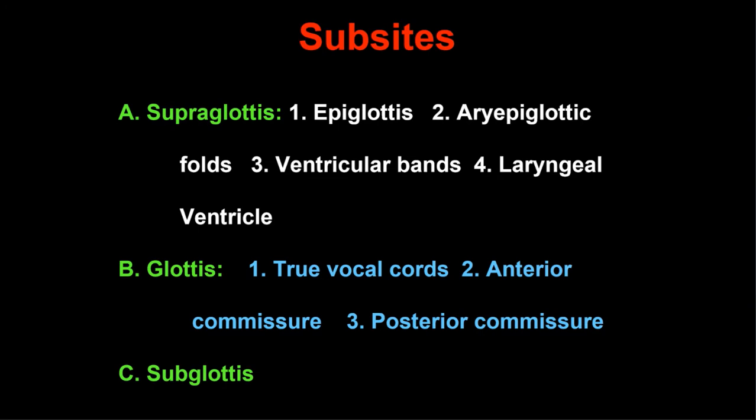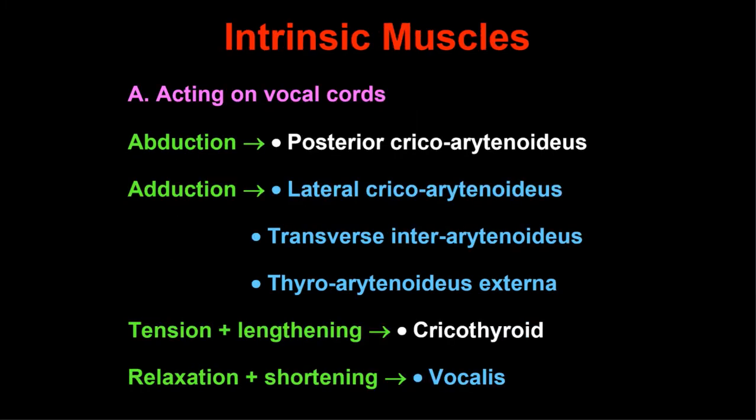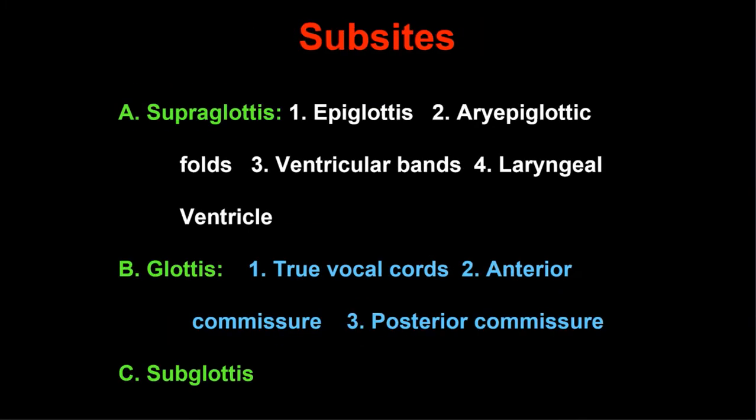These are the subsites. The structures which come under the supraglottis are the epiglottis, aryepiglottic folds, ventricular bands which are the false vocal cords, and the laryngeal ventricle. The laryngeal ventricle is nothing but the space between the false and the true vocal cords. The glottis includes the true vocal cords, anterior commissure and posterior commissure.